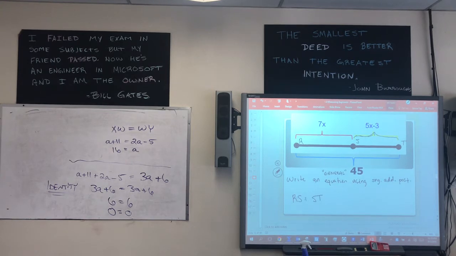If I sum those two things together, going from RS and then to ST, that would be equivalent to walking from R straight to what? T. That's what I want us to be able to do. Hopefully it doesn't take us that long when we're doing it on our own. But RS plus ST equals RT. Now I want you to write it that way, left to right, because there are several things going on there.